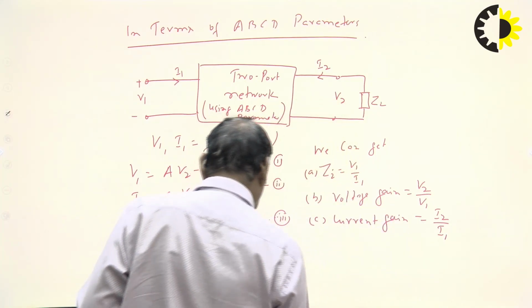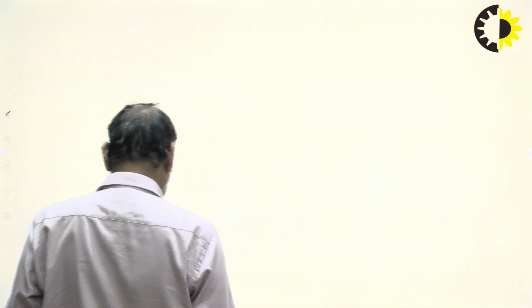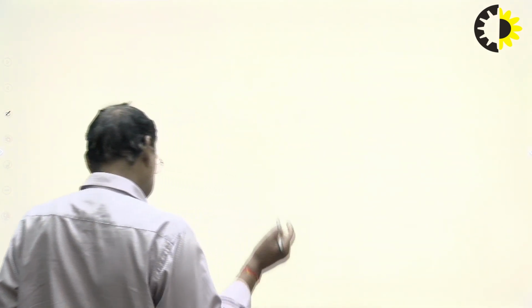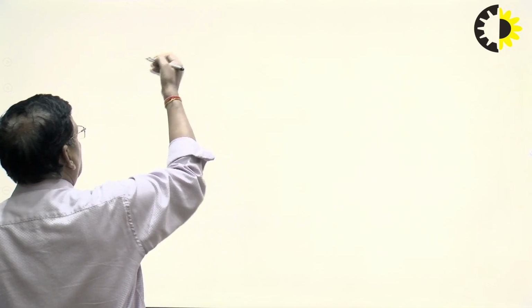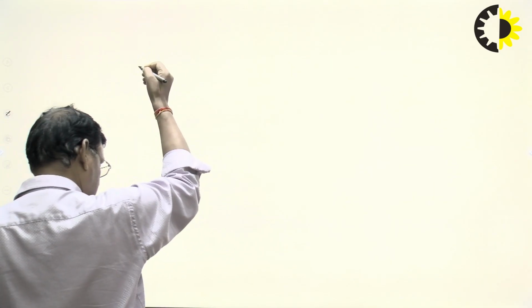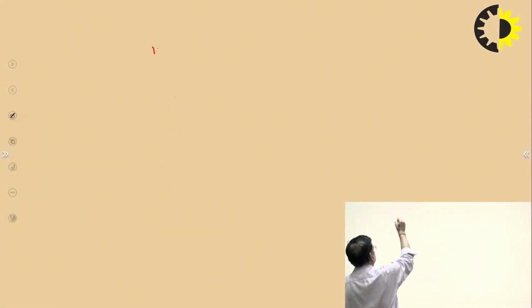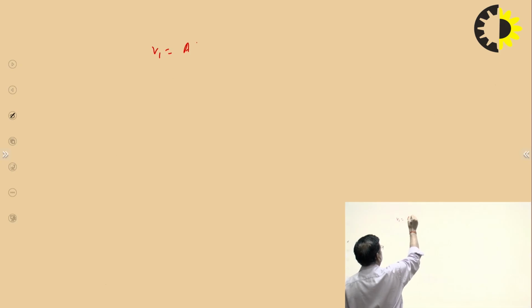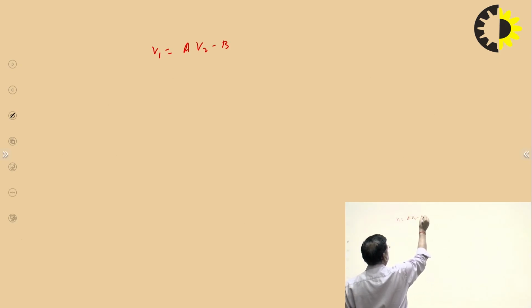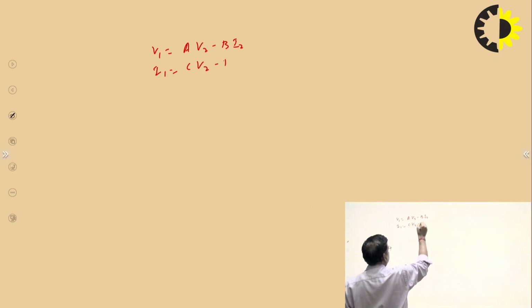So we can do it here. So recalling, V1 is A V2 minus B I2, and I1 is C V2 minus D I2.